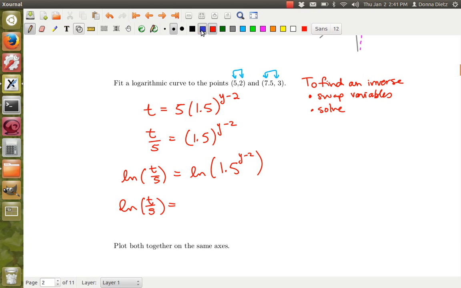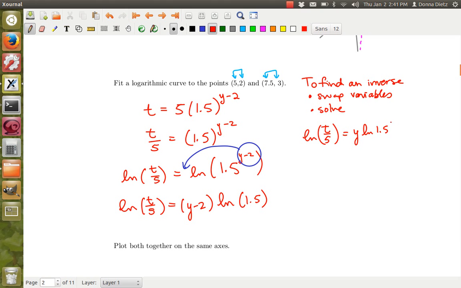When you take the natural log, the exponent gets to jump down out front. Don't forget to put that in parentheses. Now what? Well, there's nothing to it, just keep crunching through. I was wondering if there was a clever way, but there really isn't. Minus 2 natural log of 1.5. Just keep working it through.